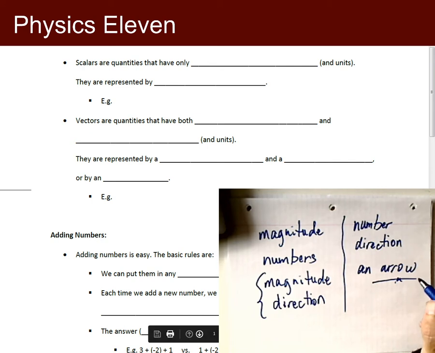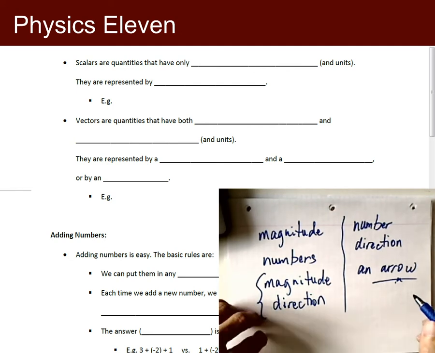So, what we're going to have to do is use them to represent different physical facts.